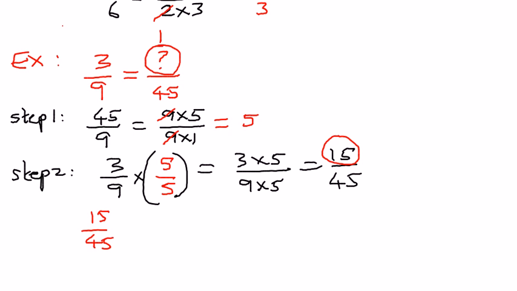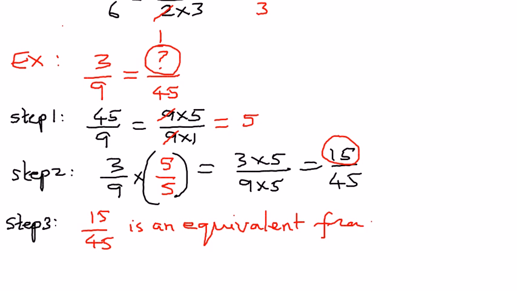I'm going to write this as step 3. In step 3, we say 15 over 45 is an equivalent fraction of 3 over 9. So this is how we can write an equivalent fraction with a given denominator.